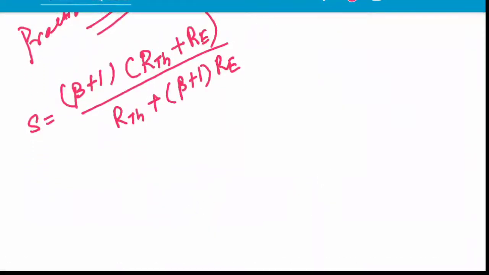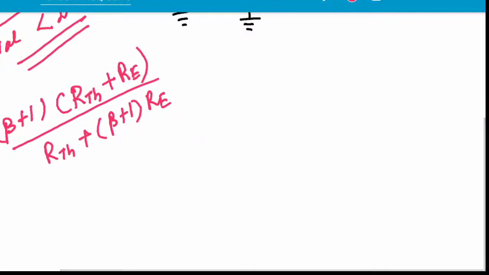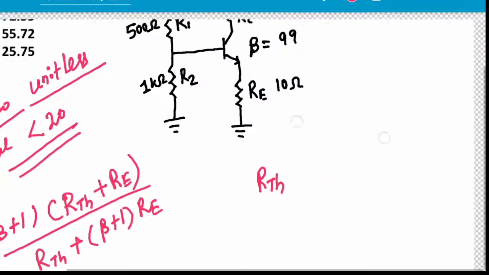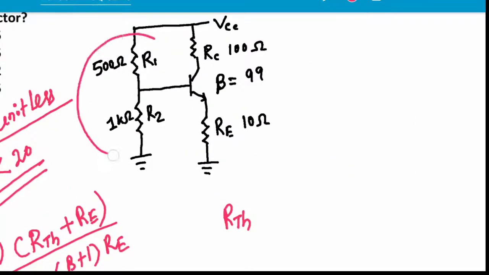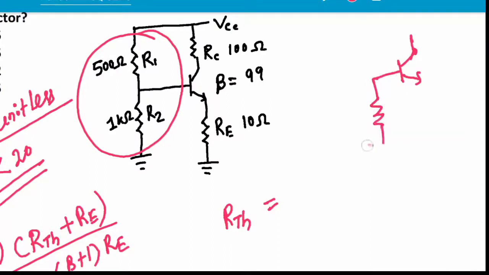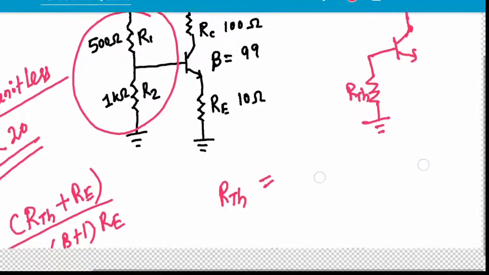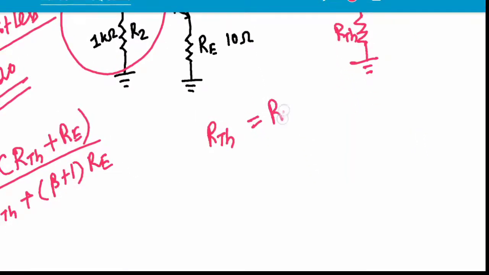And here, what is RTH? RTH is Thevenin equivalent resistance, which is the parallel of R1 and R2. Suppose I have equivalent resistance RTH instead of that R1 and R2, then RTH will be R1 parallel R2.